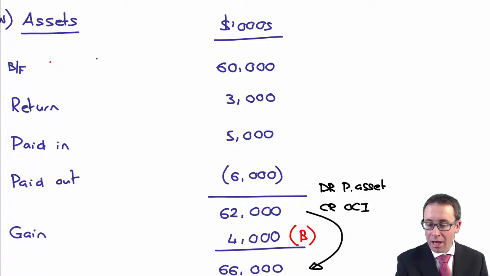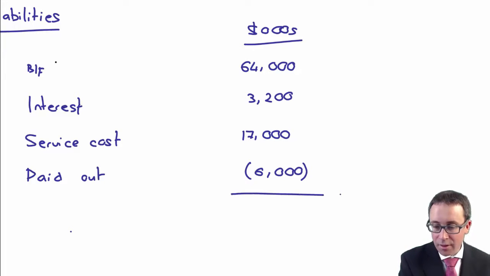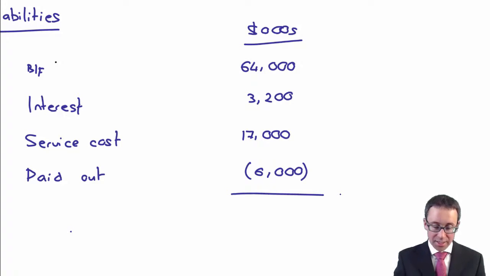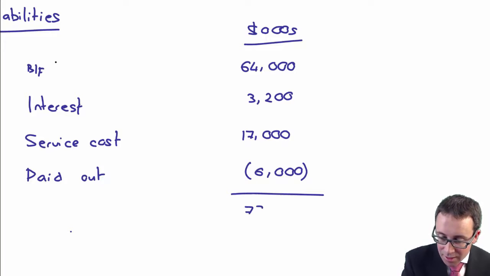That's on the assets. What about the liabilities? Same treatment in terms of the liability. If we total up the liability, we have 64 plus 3.2 plus 17 less 6. I think that gives me, is it 78.2 million.